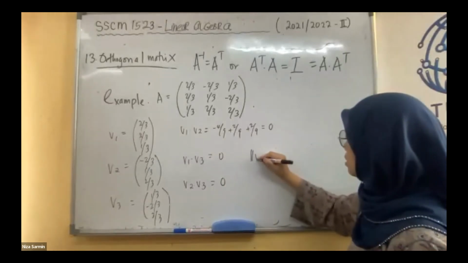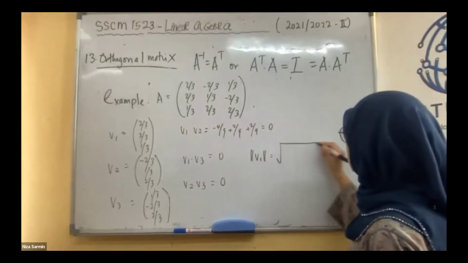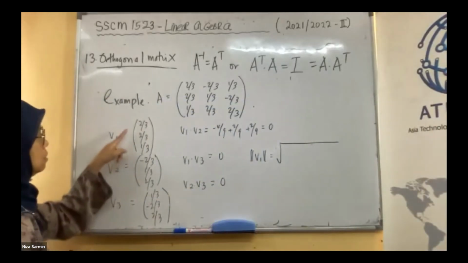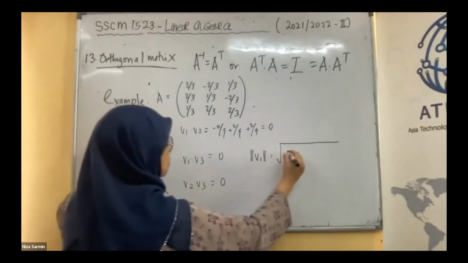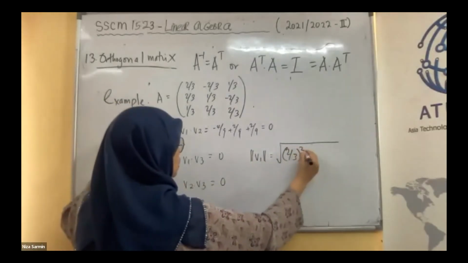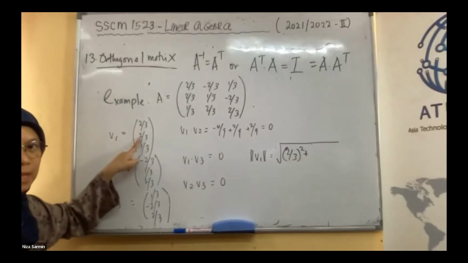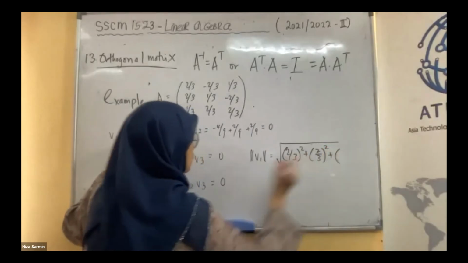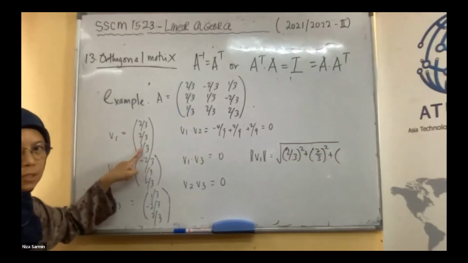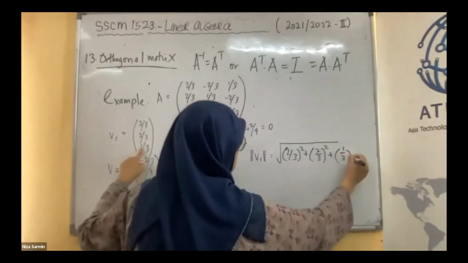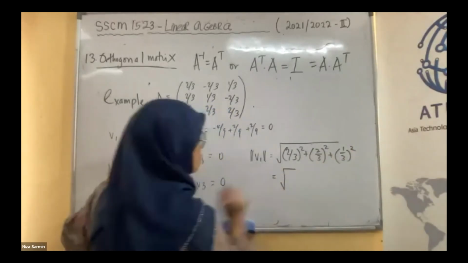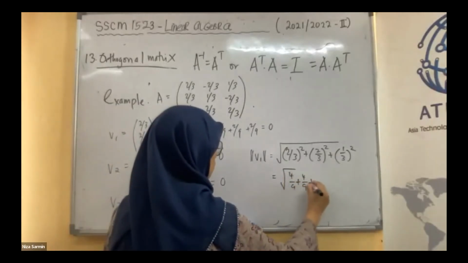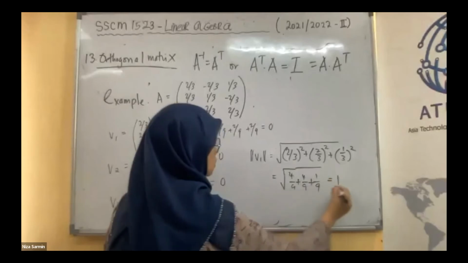And then you have to check whether the norm is equal to 1. So the norm of V1, you take 2/3 squared plus 2/3 squared plus 1/3 squared, which is equal to 4/9 plus 4/9 plus 1/9, which is 1.